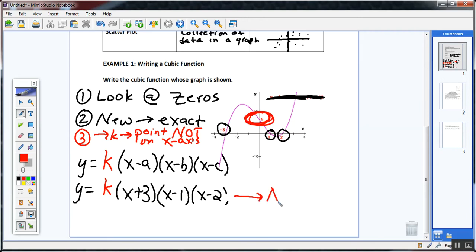Now we're going to use a point not on the x-axis, and that point is 0, comma 6, which states that when my x value is 0, the y value is what? Okay, we can use that information, kids, to help us figure out what the k value would be. They're basically going to say, hey, why don't you plug that point in for x and y? So knowing that this point, not on the x-axis, is part of this polynomial graph right here, what would you plug in for y given this point not on the x-axis?